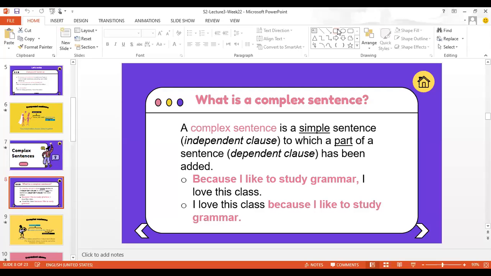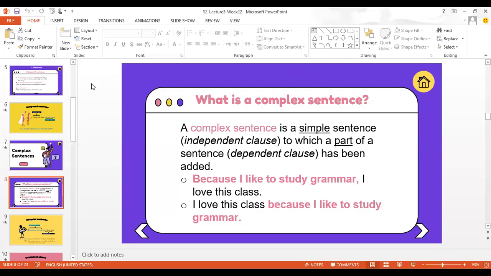Sorry guys, we still have only 10 minutes. We can finish grammar with it. So an independent clause means that we have a simple sentence with a complete subject, complete predicate, and complete idea. It can stand alone. It's a grown-up sentence. However, the dependent clause is like a baby.